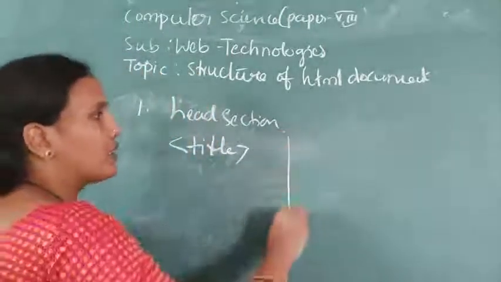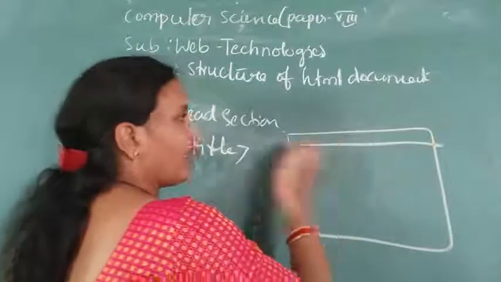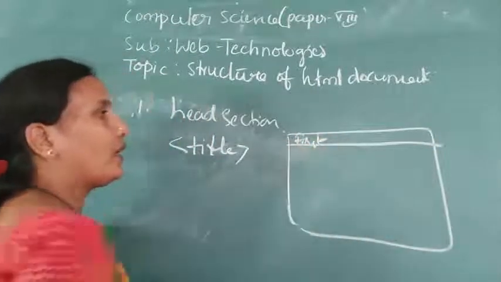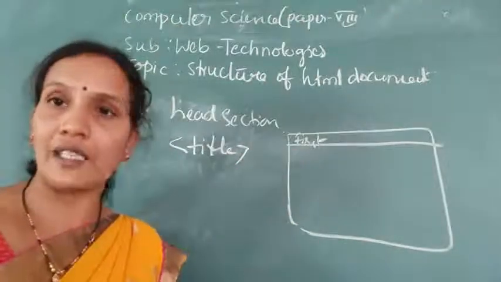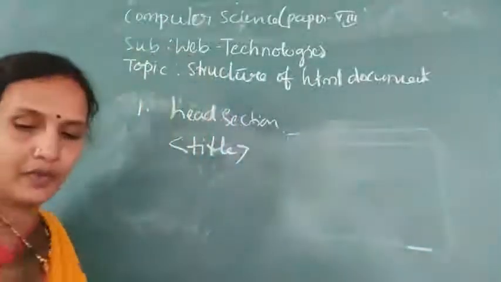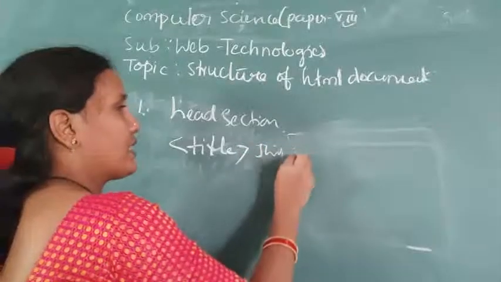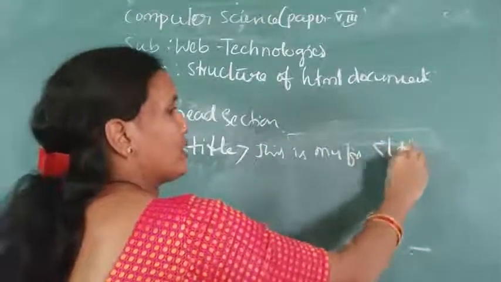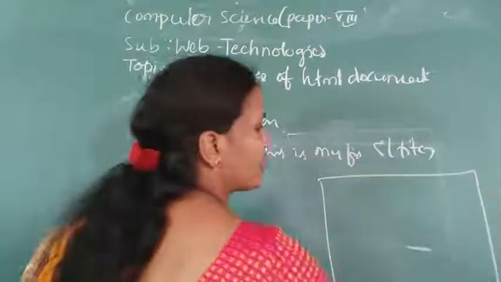Example, this is your browser window, and at the top you will get a title, for example, this is my first page. If you want to display anything in the title bar as the name of your document, that should be part of your title. Here I have given the title, this is my first document, then close it. Whatever title you have given is displayed on the title bar.